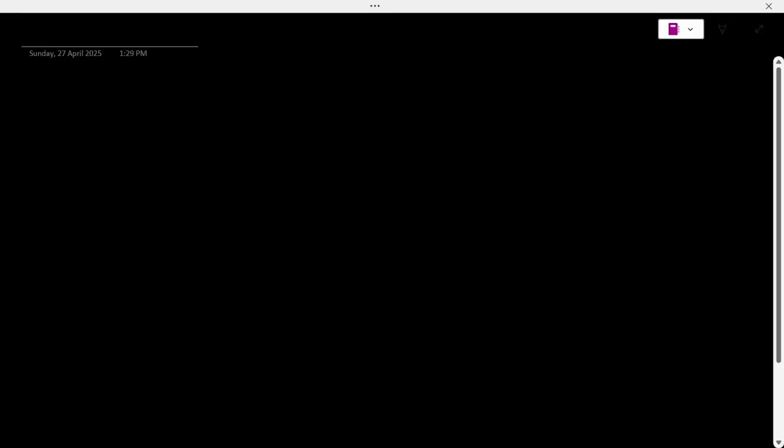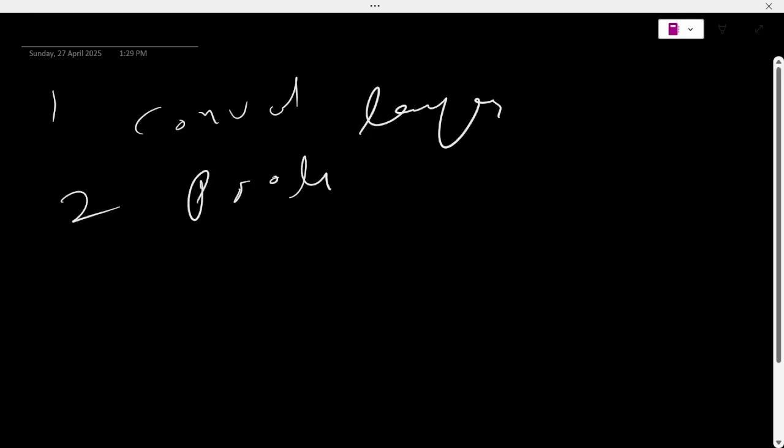CNNs, or convolutional neural networks, are sophisticated neural networks consisting of many layers. Each layer has its own function. Before we dive into detail, let me tell you the names of those layers. The first is the convolutional layer. The second is the pooling layer.